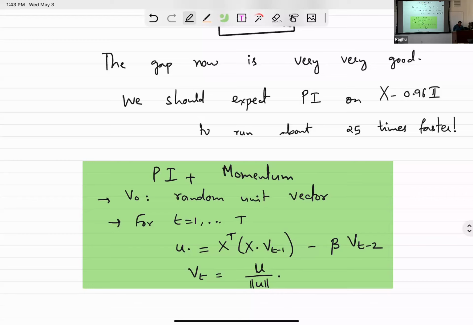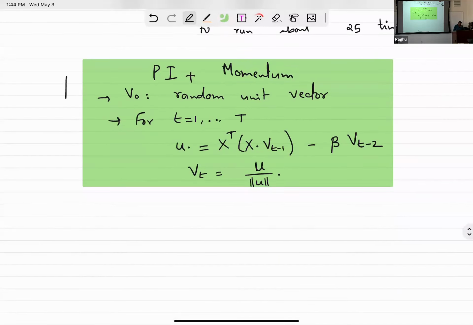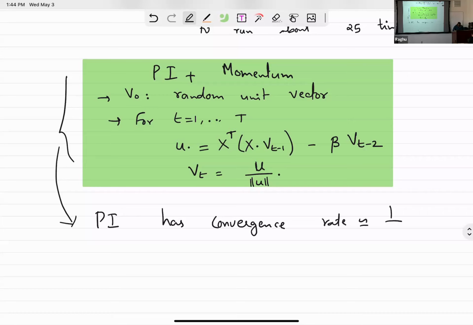And theoretically, you can show that in some cases, PI has convergence rate something like 1/epsilon, right? We said if I want to get 1 minus epsilon of the maximum possible value, then I needed roughly 1/epsilon steps, right? That was our main theorem that we did not prove, but we proved a special case of it.